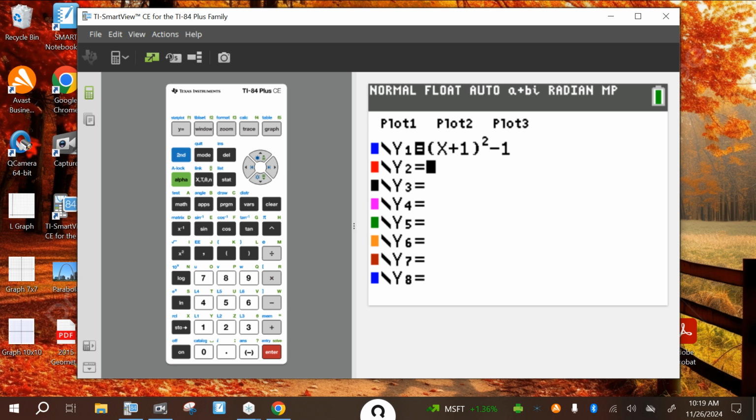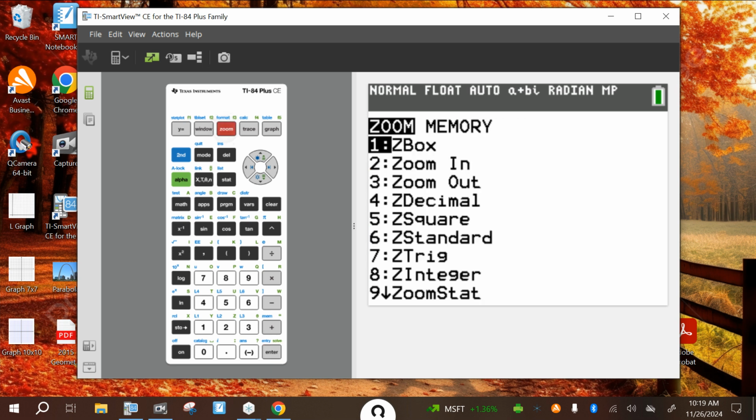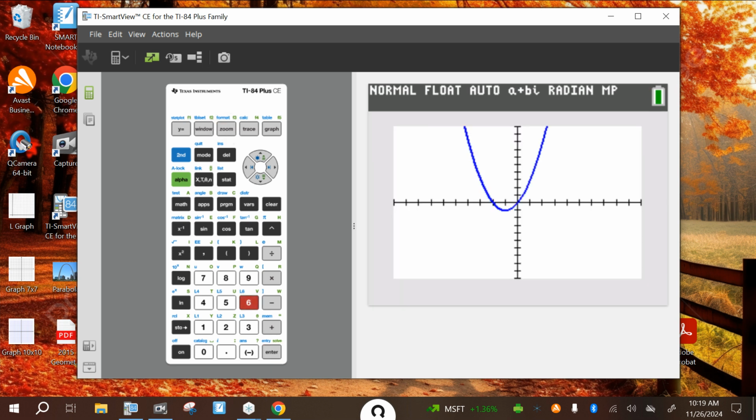And let's look at a picture of it. Now, you might want to hit zoom 6 to make sure we're all looking at the same picture, but it really doesn't matter as long as you see that parabola shape there. So this is one that opens up, right?